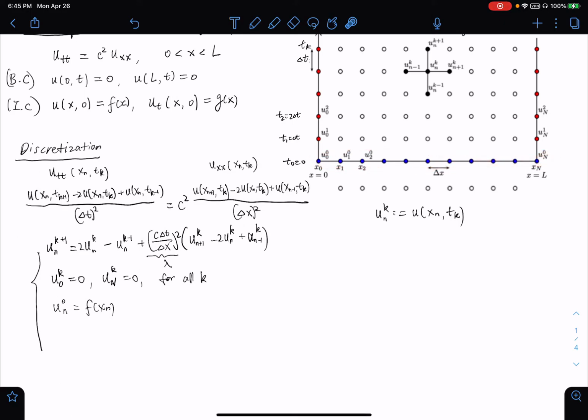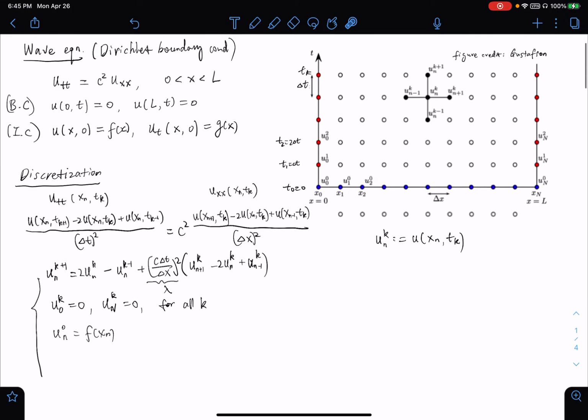So let us look at the recursion formula and see what values are lacking in order for us to use the recursion formula to generate all the values on this two-dimensional grid. In particular, if we would like to calculate this value using this recursion formula, we will need four values.